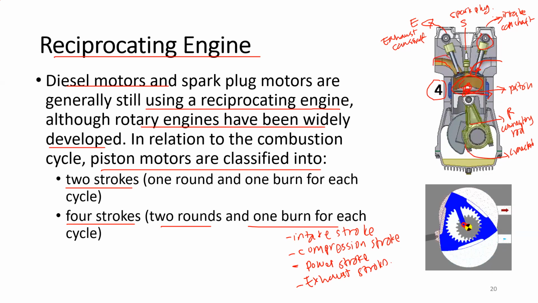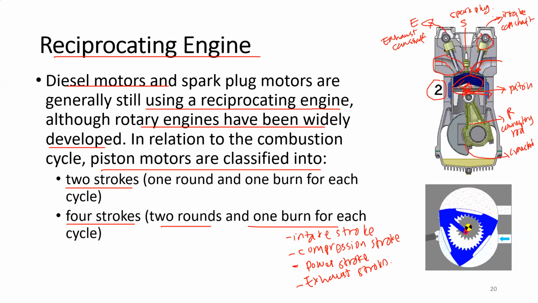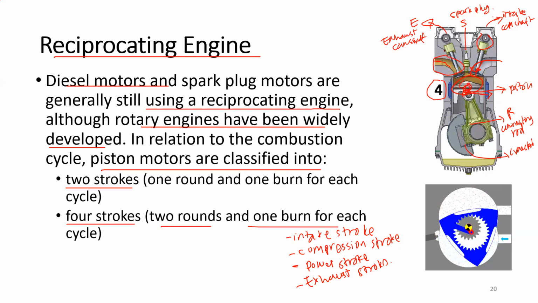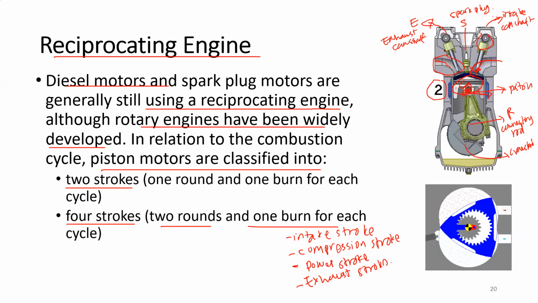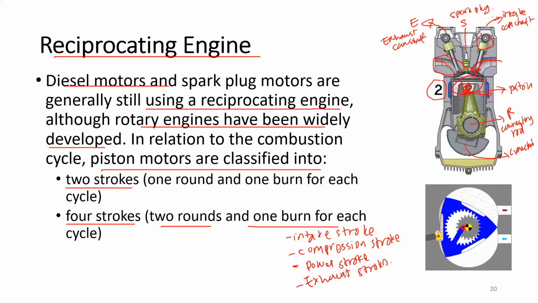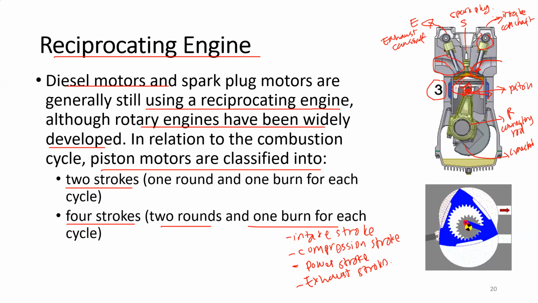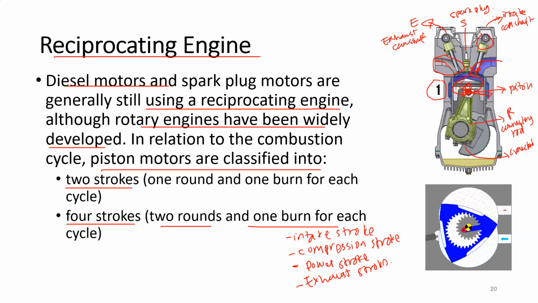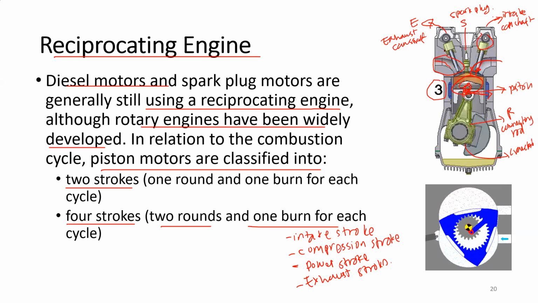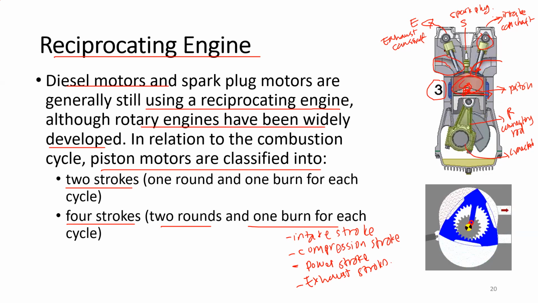The yellow color indicates that the exhaust valve is open, and the piston forces the residual burned gas out of the exhaust valve into the exhaust system, or exhaust manifold. So this is the main principle of four-stroke internal combustion engines.